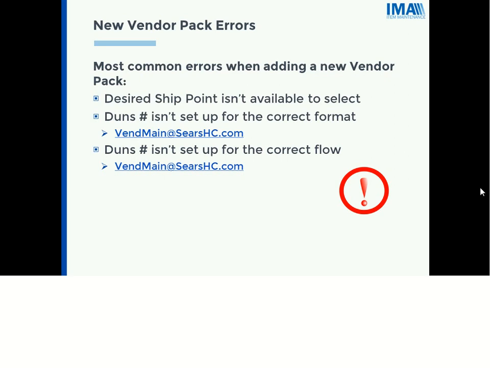So the most common errors when adding a new vendor pack: the desired ship point is not available to select. The DUNS number is not set up for the correct format, or it's not set up for the correct flow. Now you can contact vendmain@searshc.com if you do run into that situation. Also, your merchant could put in a request to have the format or flow added to your DUNS.